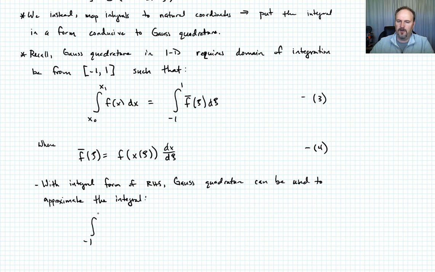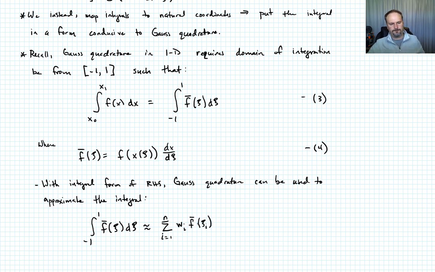The integral from -1 to 1 of f bar of c dc is going to be, maybe I shouldn't say equal to, maybe I should say approximately equal to. And in some cases, it will be exactly equal to. But approximately, the sum from i equals 1 to n of w sub i times f bar evaluated at c sub i. Okay? Let's call that equation 5.